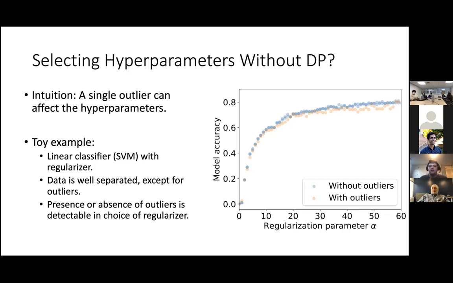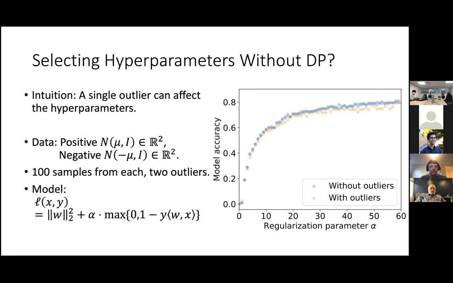We put in two outliers just to make it a little bit clearer rather than just one. And you can see in this plot that just the presence of two outliers in a data set of size 200 does change things; you can see a difference between the settings of the parameters, like which accuracy you get with which setting of the hyperparameter.